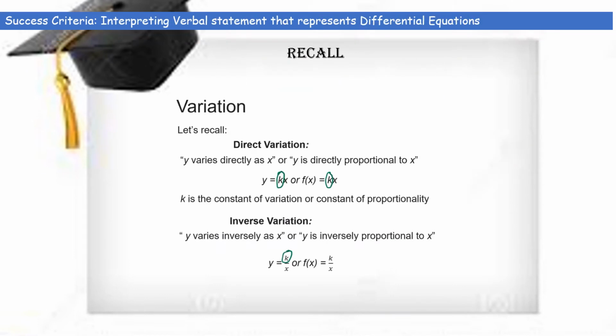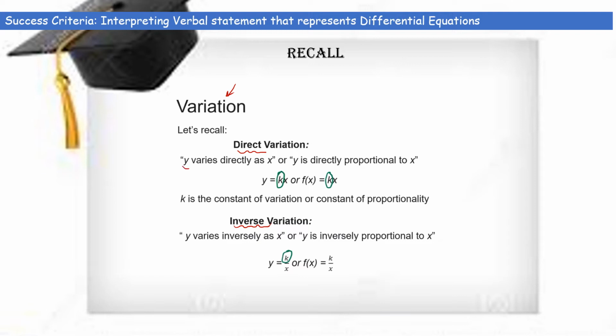Now, it is very important that you recall what variations are. We have studied in our previous grades about inverse variation, direct variation, joint variation, combined variation, and so on. But today we are going to deal with the direct variation or the inverse variation.